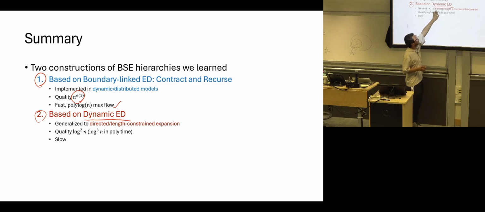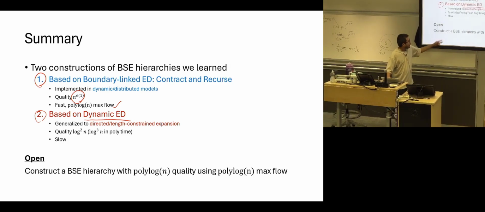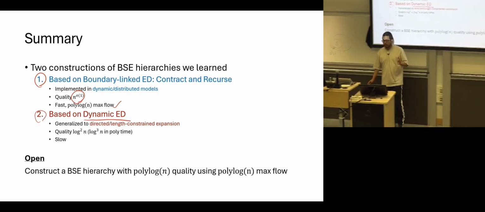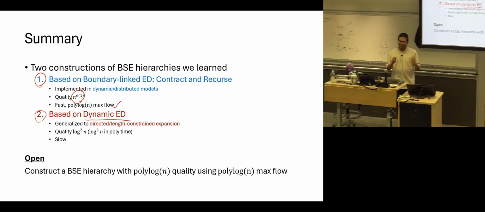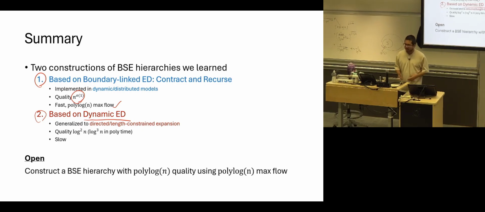I will talk more about this in the course. But it's slow, though it has better quality. So what's open is, can we build this with polylog quality and polylog max flow calls? It could be easy, it could be hard. I don't know. We are at the frontier right now. I haven't thought too hard about this either. So that's a good question.